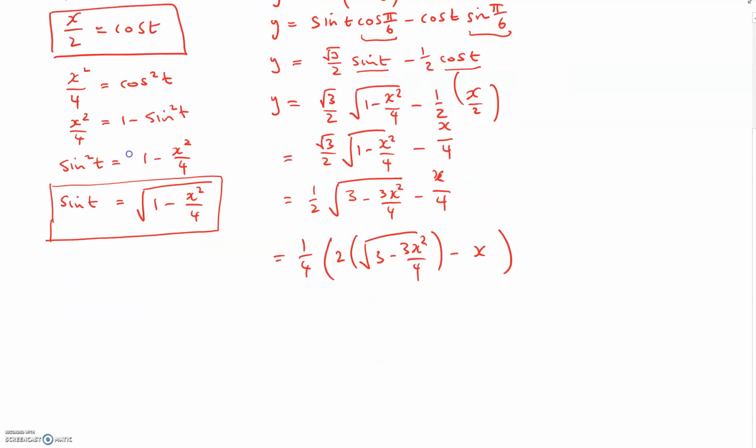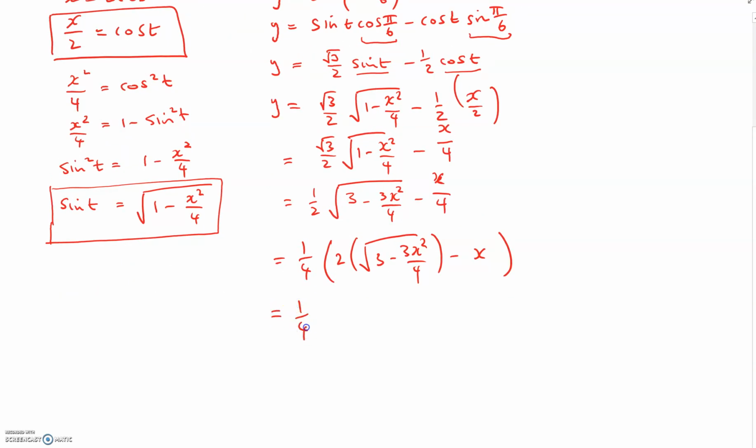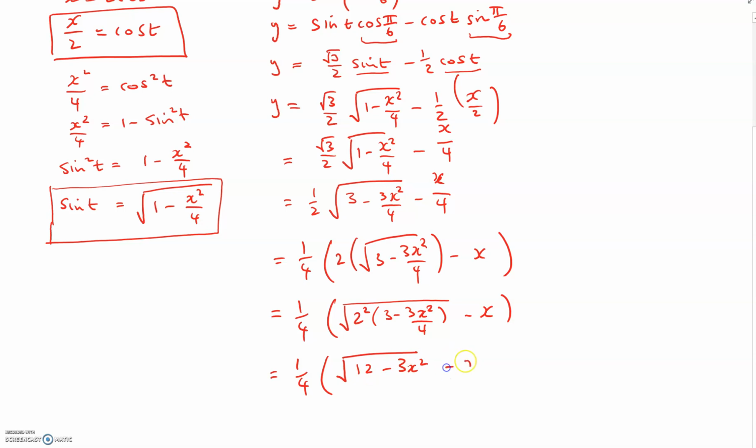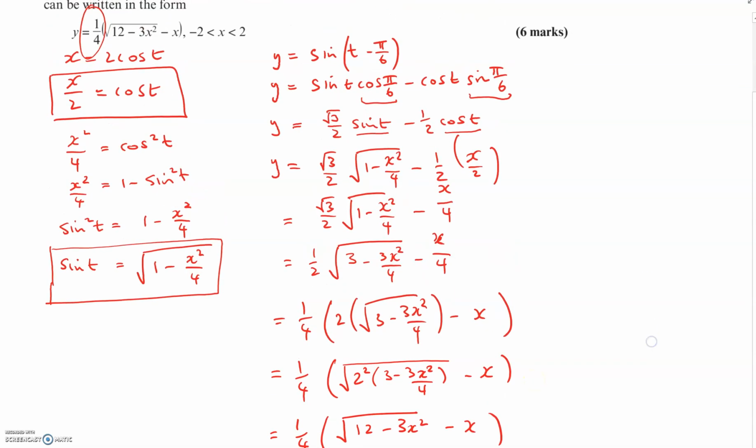I've done that because I've taken it inside the root, so root of 2 squared is 2. I've done that so that I can simplify what's in there. That's 4, so if I multiply that by everything I get 12 minus 3x squared minus x, and that is exactly what they wanted.